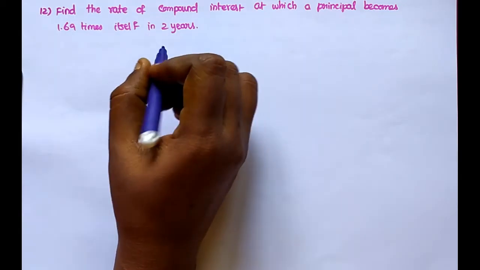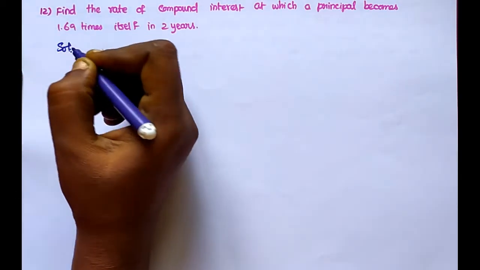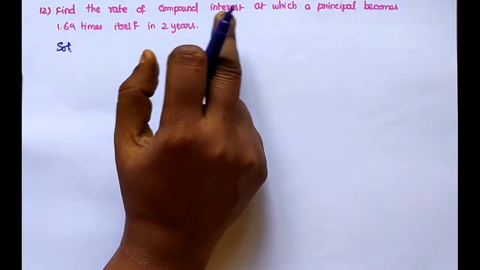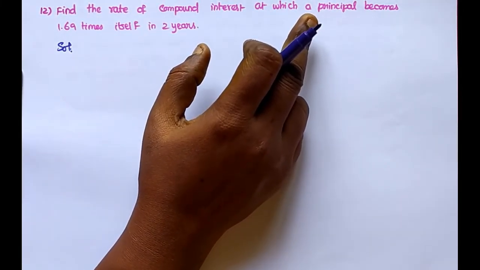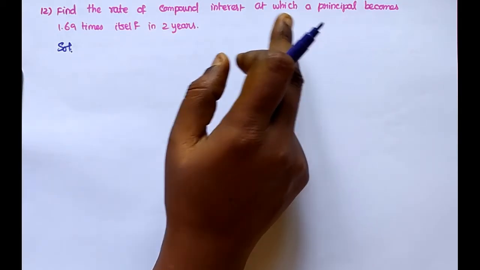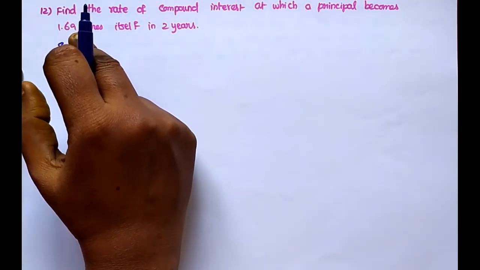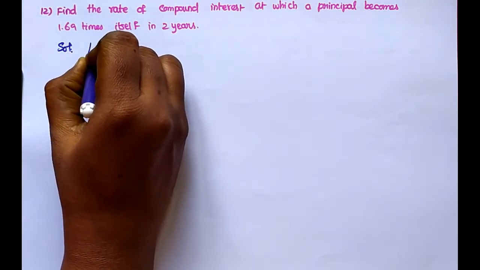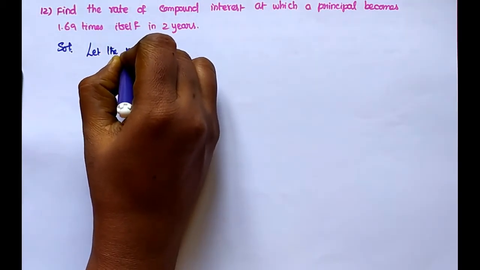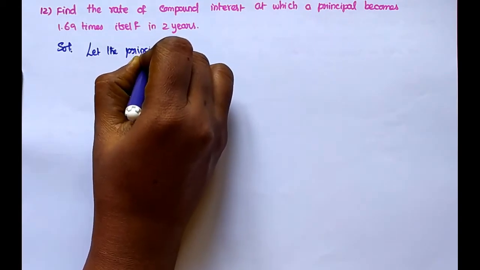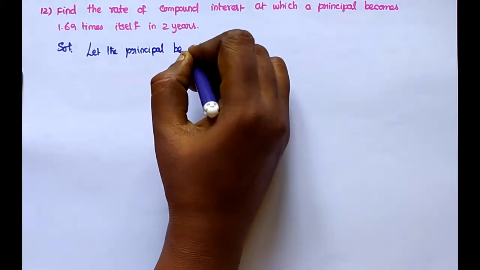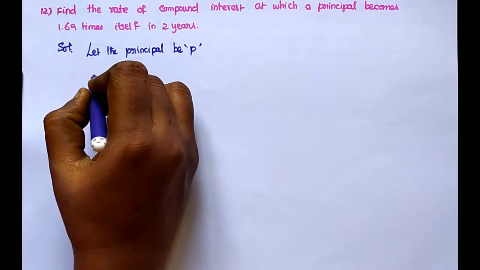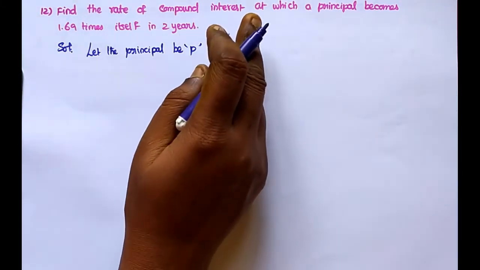Listen, they did not give the rate of interest and principal also, but one clue is there. Principal becomes 1.69 times itself. That means, let the principal be P. What is the amount?